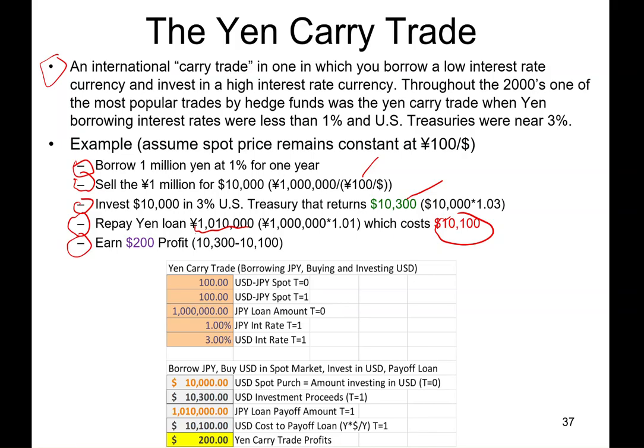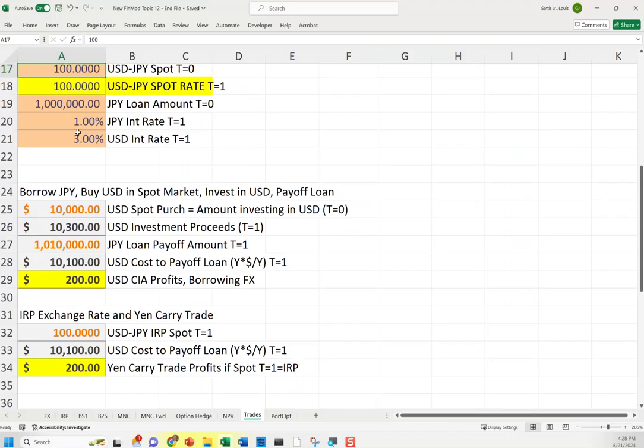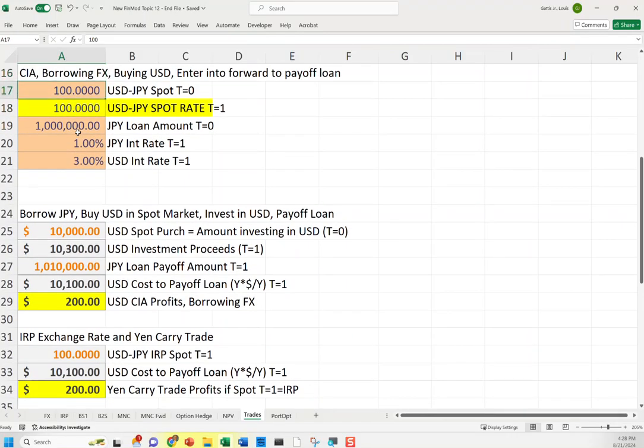If I look at my spreadsheet, we assume that today's spot price is 100 yen per dollar. It stays at 100 yen per dollar. And I'm borrowing 1 million yen at 1%, and I invest in a 3% treasury.